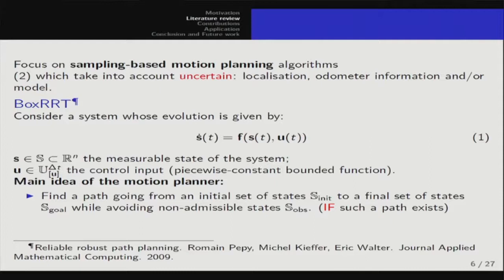And the main idea is that if we have a differential system which shows the system's evolution with piecewise constant bounded functions for the control input and the measurable states of the system, denoted by S, the main idea is to find a sequence of controls which will lead the robot from an initial set of states to a final set of states while avoiding the obstacles, if such a path exists.